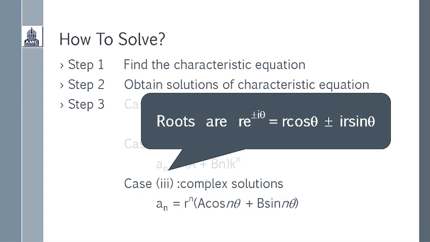And finally, there is another case where our K1 and K2 are complex solutions, right? So K1 would be R cos theta plus i R sin theta, and K2 would be equal to R cos theta minus i R sin theta. Okay, so if these are the solutions, of course, the solutions are going to be complex conjugates because our coefficients are all real coefficients.